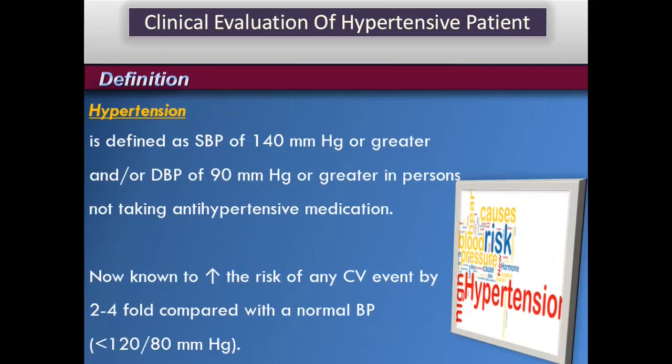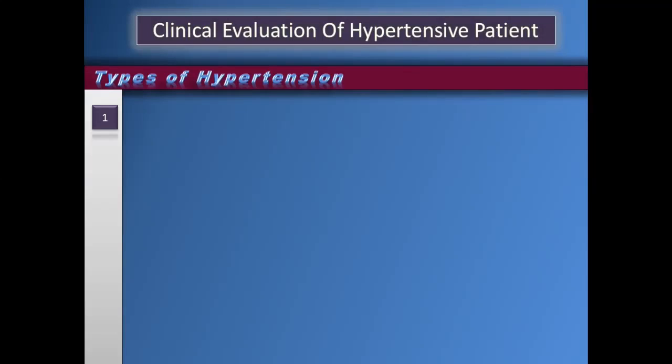What is the definition of hypertension? Hypertension is defined as blood pressure of 140/90 millimeter mercury or even greater, not taking any medication. Usually, it increases the risk by 2 to 4-fold compared to normal blood pressure. Now we come to types of hypertension.